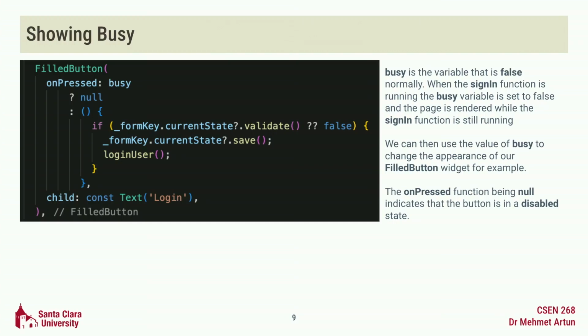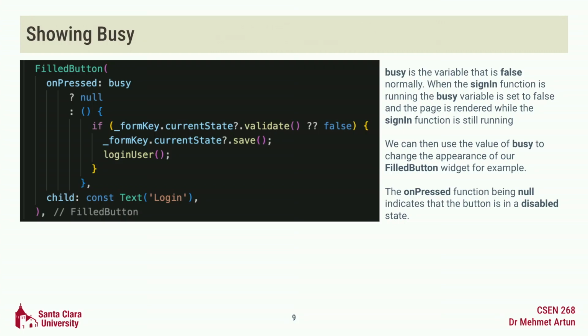And for each element, you can specify a validation rule, right? And when you look at the top-level form key, and then you look at its current state, because the form changes state, and when you hit the validate method, what it does is it goes to every element and asks for validation. Are you valid? Are you valid? Are you valid? If one of them says I'm not valid, then this returns false.